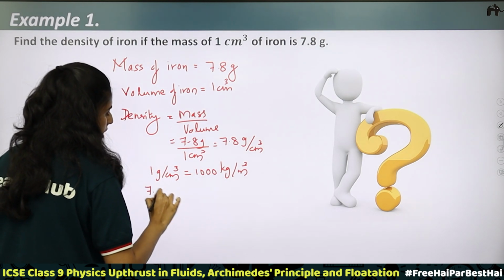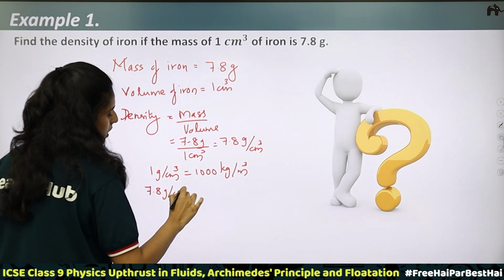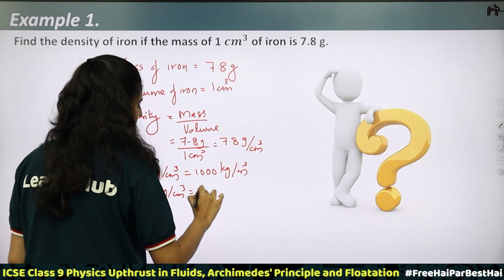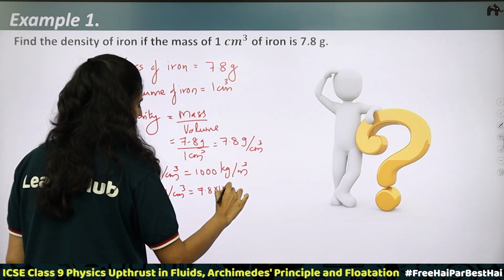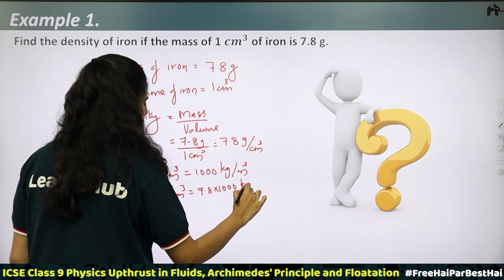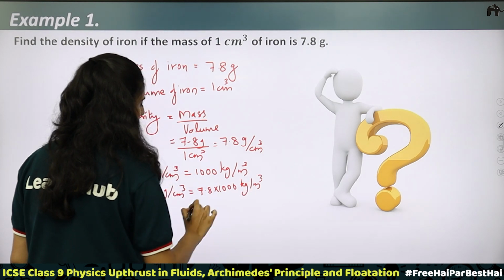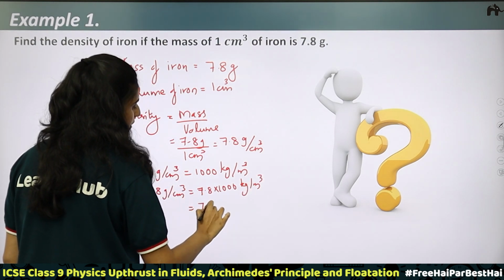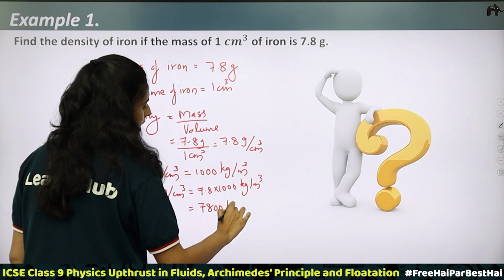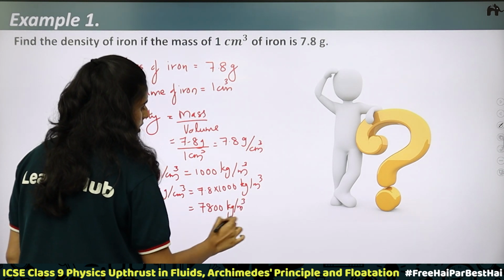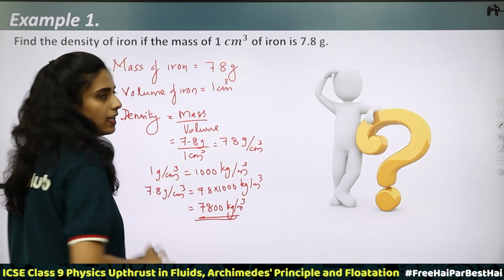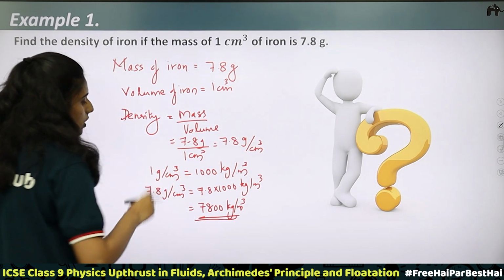So, 7.8 gram per centimeter cube is equal to 7.8 into 1000 kilogram per meter cube, which is equal to 7800 kilogram per meter cube. So, we have directly converted the CGS unit into SI unit.